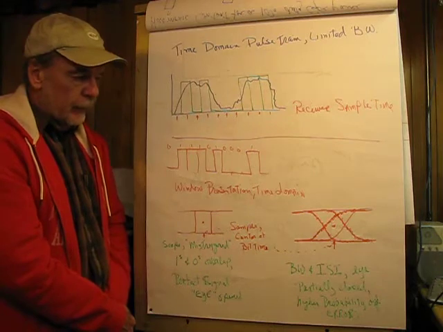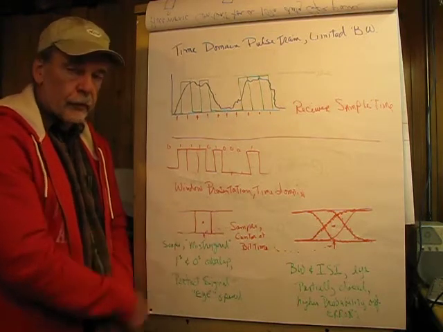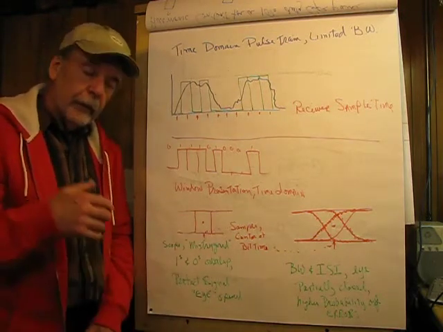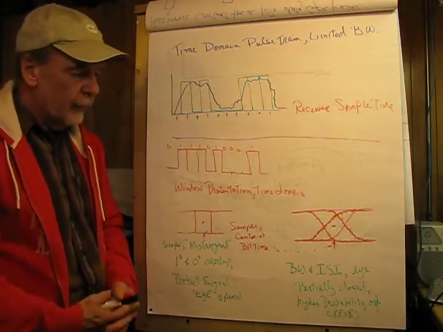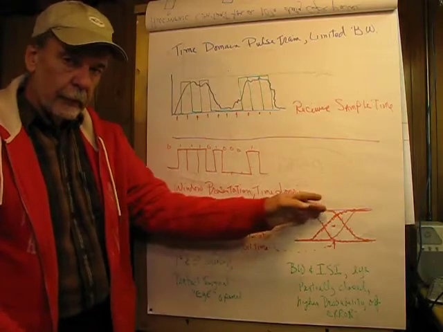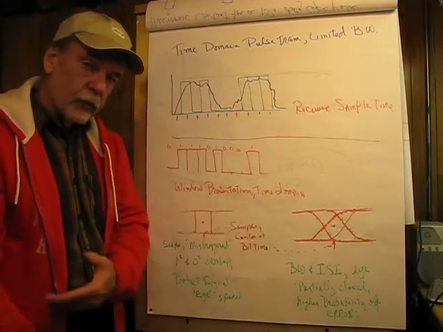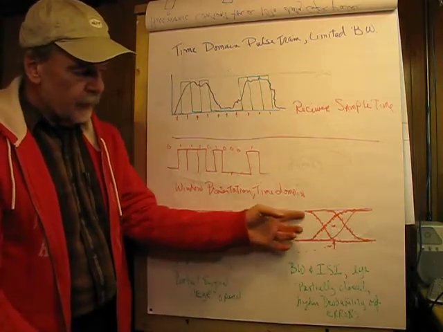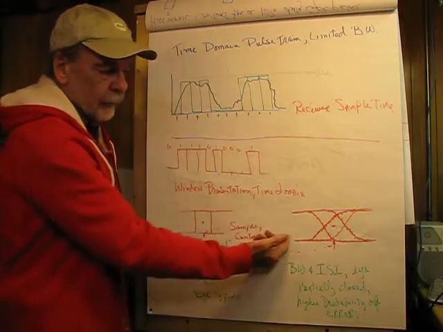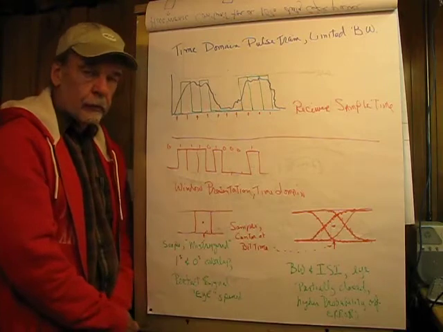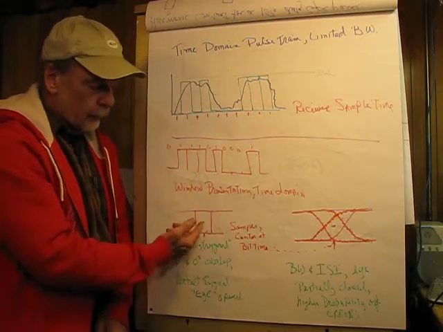Now if we're dealing with limited bandwidth, all these edges, remembering that the edges of a rectangular pulse have to do with the high frequencies, are going to be sloped more. The rise and fall time is going to be extended. In addition to that, there's going to probably be some noise on the signal, and what you can see from this is that the eye is considerably closed compared to perfect.